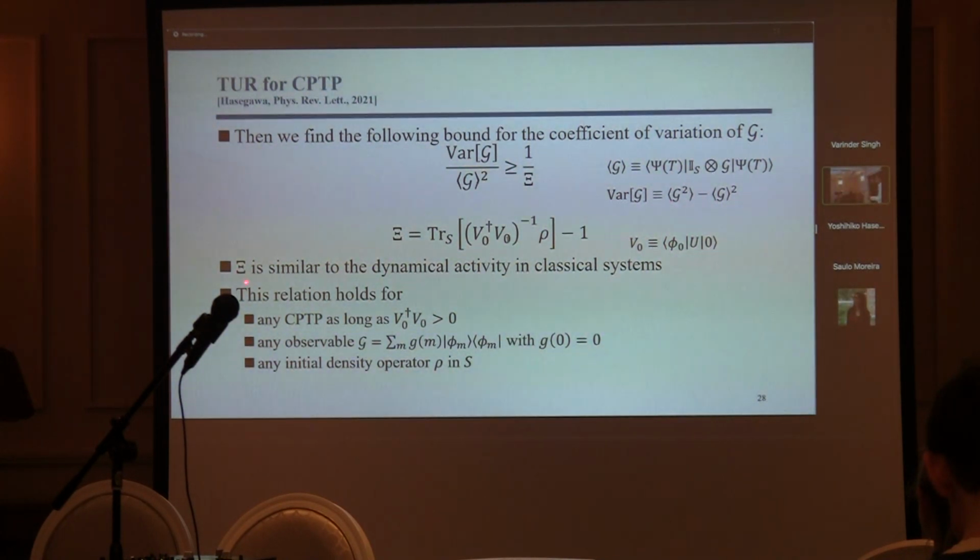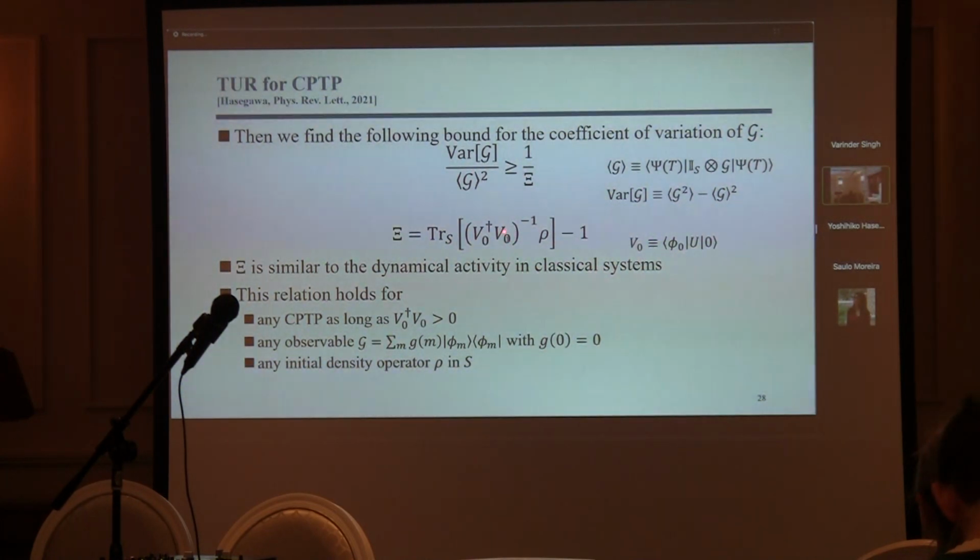And this Xi is similar to the dynamical activity in classical systems, because suppose this eigenvector psi 0 is the same as the environment, then this V0 corresponds to U0, which means that this Kraus operator V0 is the Kraus operator when the environment is not changed.